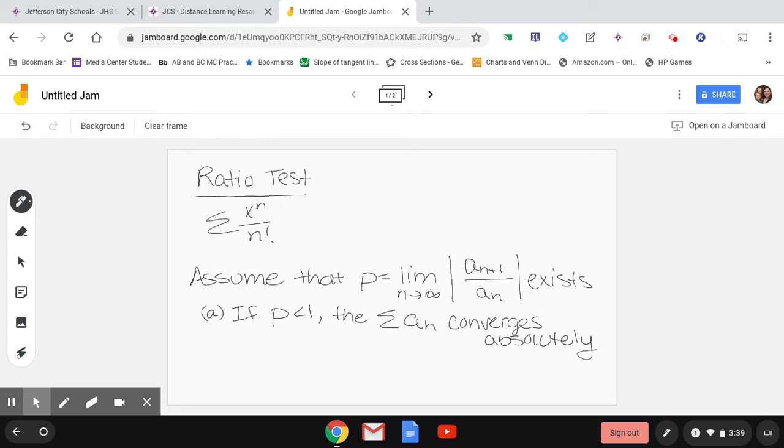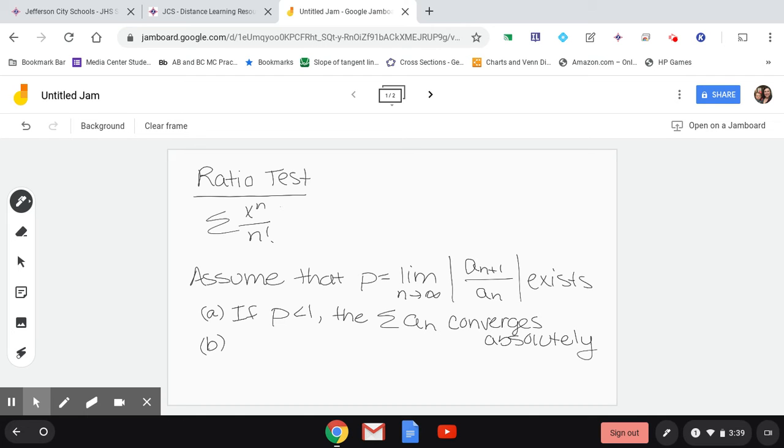That'll be tomorrow's lesson or Thursday's lesson. But the ratio test is a test that you can use to test for absolute convergence. There's other ways we can test that, but this is one of them. And it is because you have the absolute value there. Ratio test is also what you use for what we call power series, which we'll get into next week.